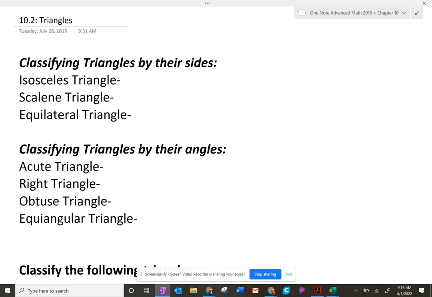So, first part, when we classify triangles by their sides, we're only looking at the measures of the sides of the triangle. An isosceles triangle has two sides with the same measures.